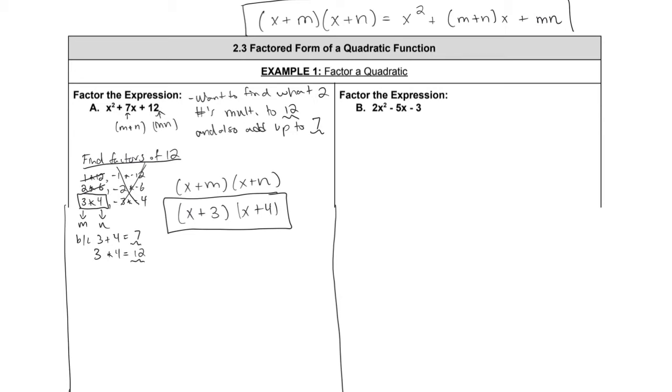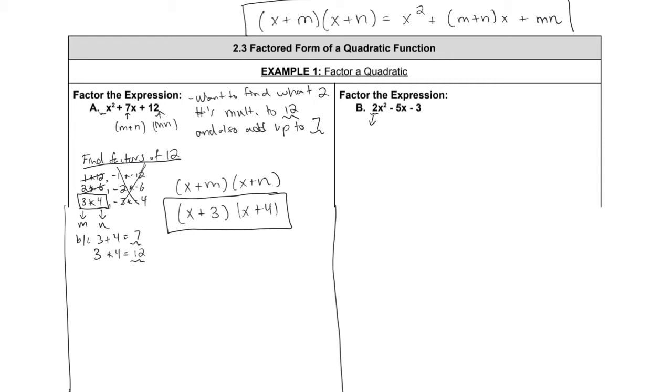Now sometimes we do not have expressions with a coefficient of 1 for x squared. They're much easier when your a term is just 1. When it's not 1, say like 2, it's going to be a little different.